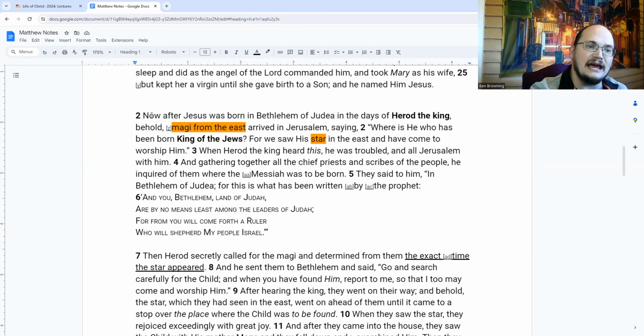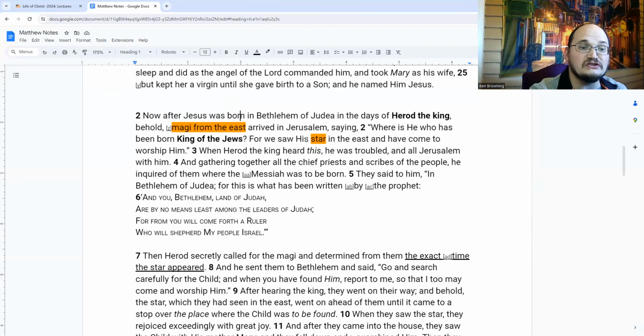So now let's look at chapter 2. Moving on. Now, after Jesus was born in Bethlehem of Judea, in the days of Herod the king, behold, Magi from the east arrived in Jerusalem, saying, where is he who has been born King of the Jews?